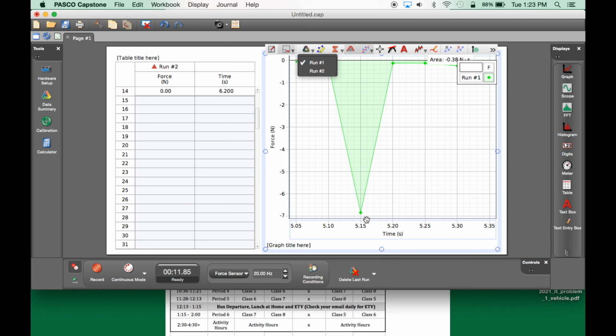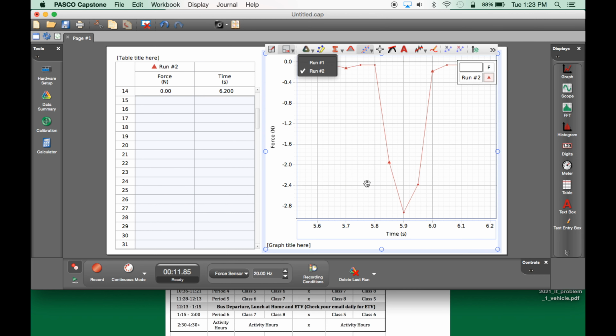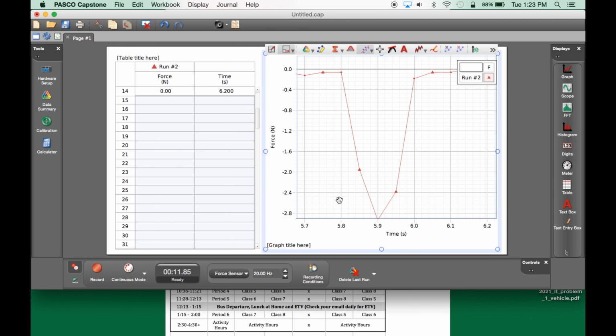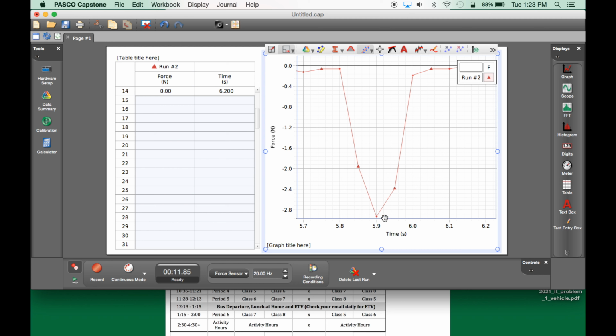Okay, it made the scale roughly the same. So 5.1 to 5.2. So this is 5.8 to 5.9 to 6.0. So notice here it took much more time. It took almost double the amount of time with the rubber band.